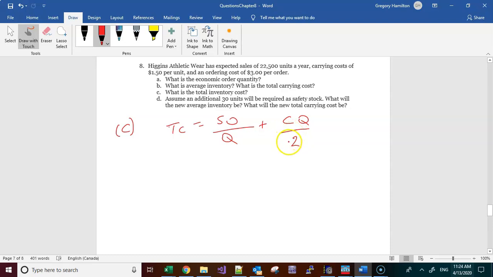And so Q is our quantity, right? So in that case, what do we have? We have 2250 multiplied by 3 over 300, plus 150 multiplied by 3 over 2, right?